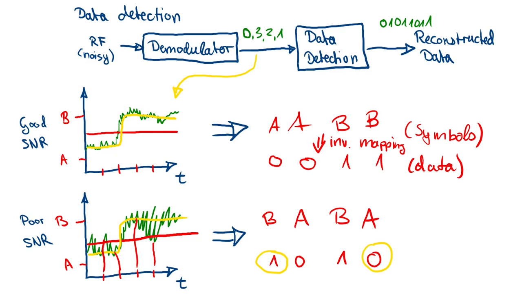And this error can be measured. Here it's the bit error rate, BER, bit error rate, and here the bit error rate is 50%, whereas the signal above is decoded correctly, so there is no bit error here.